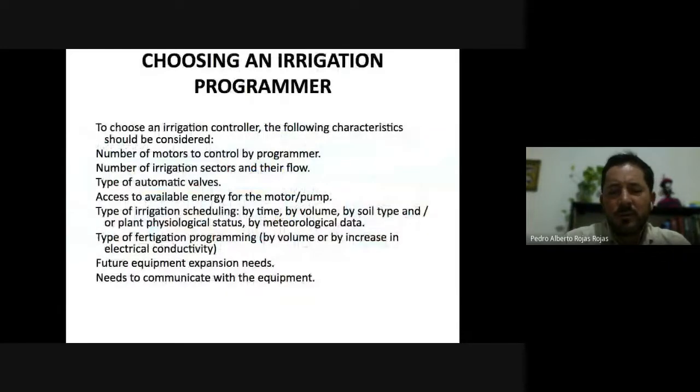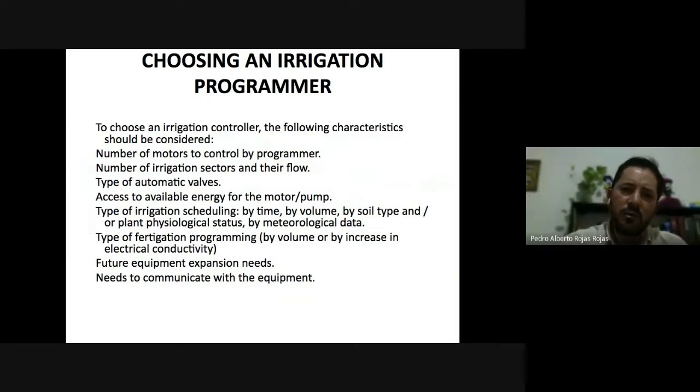To choose an irrigation programmer like Sylema, you need to choose an irrigation controller with different characteristics. You should consider the number of motors to control by the programmer, the number of irrigation sectors and their flow, the quantity of water that you need to apply to this sector.